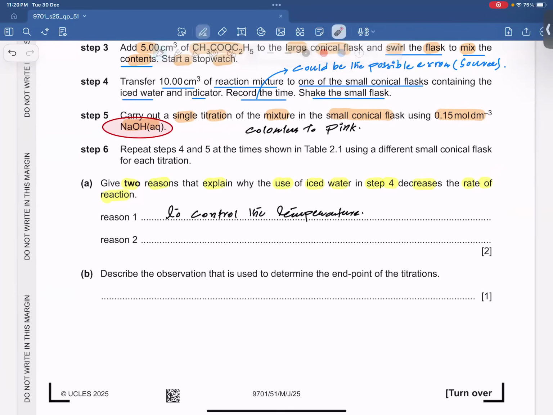Rate of reaction decreases, which means it quenches the temperature, it lowers the temperature. So it lowers the temperature is the best word, I believe.